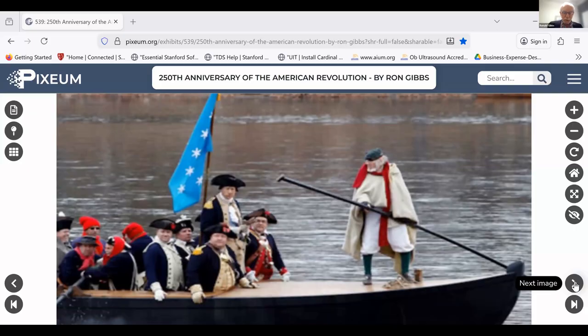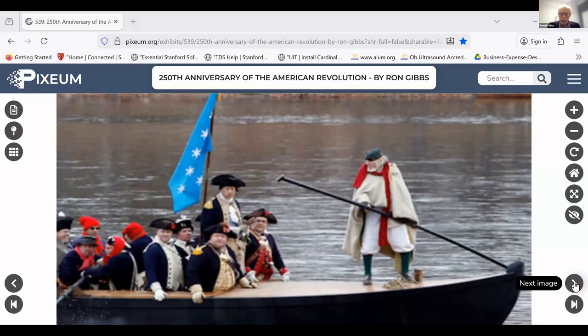Yeah. Good. So Leutz's painting depicts Washington in a rowboat, but in fact, the boats that he used to cross the Delaware are shown here in a replica, and these were actually much larger affairs which had been used for shipping coal and other goods up and down the river. This is from a reenactment of Washington crossing the Delaware.